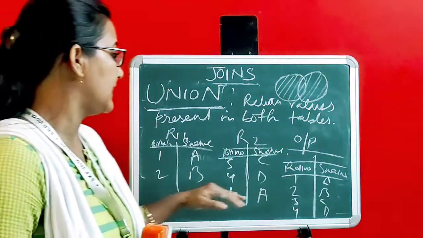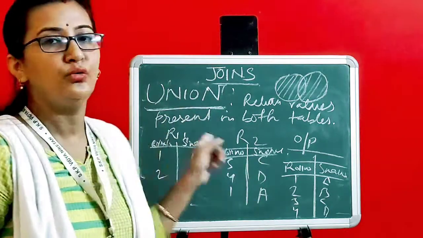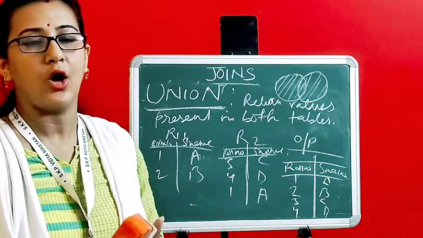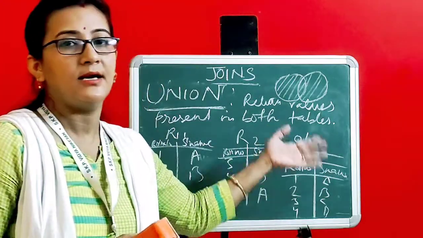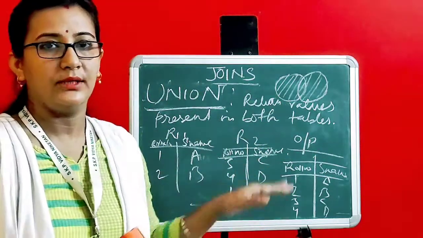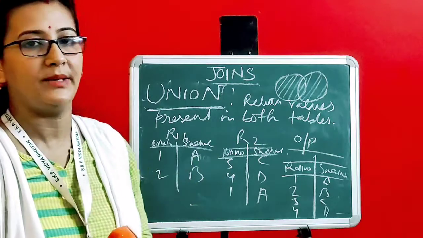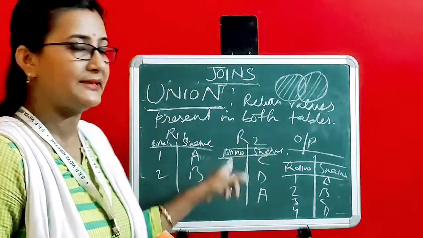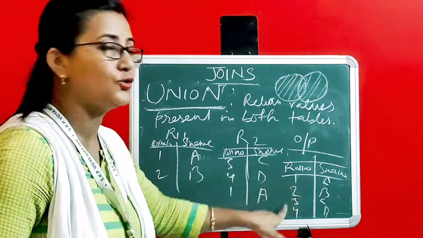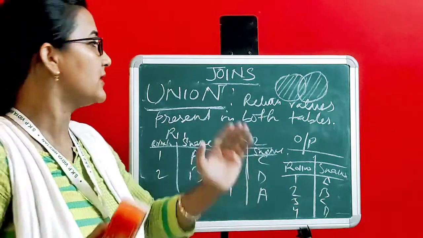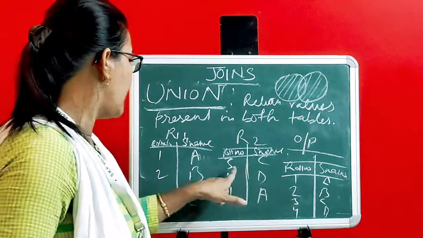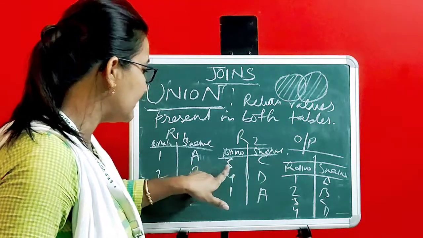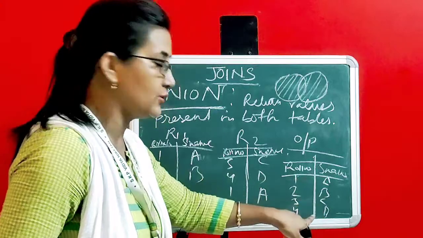Now here also, the union join will not give duplicate values. The union join also removes the duplicate value. Now you can see from the table, 1, 2, 1, 2, means union join returns the value that is present in both the tables. After that, 3, 4, also it will give.